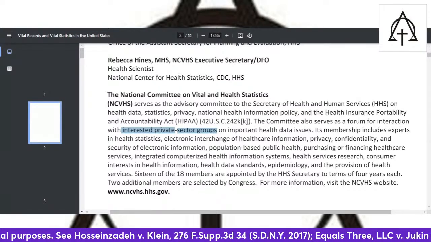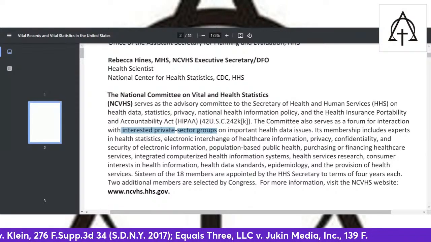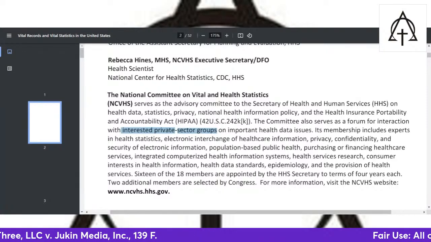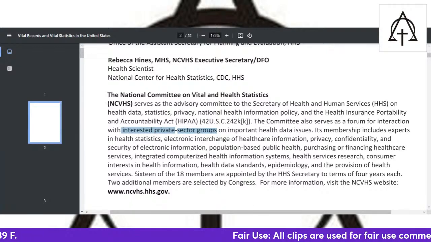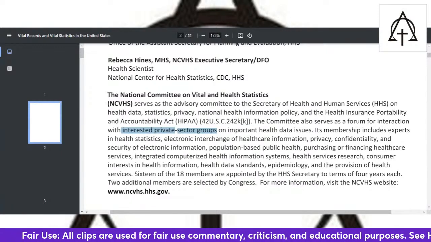And remember, 1 U.S.C. 1 says the singular imports the plural, and the plural imports the singular. And so as yourself, as a family group of the private sector, you have an interest because you're the one that's giving all the data elements on important health data issues.